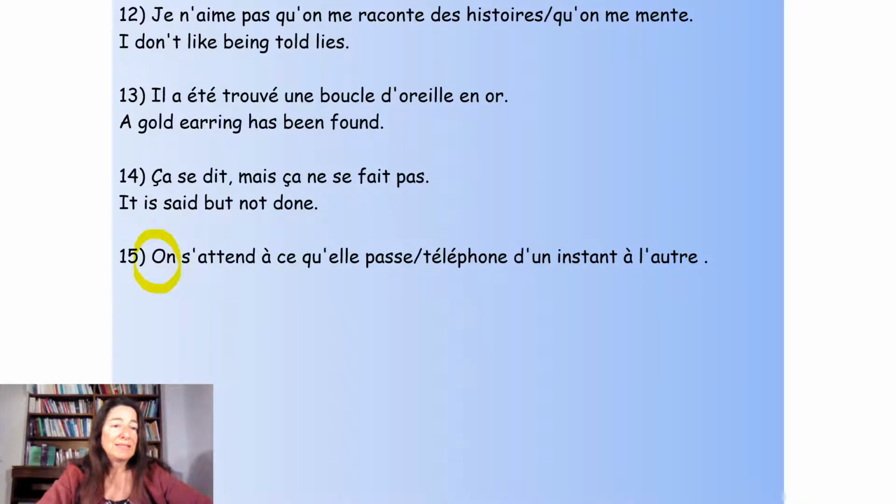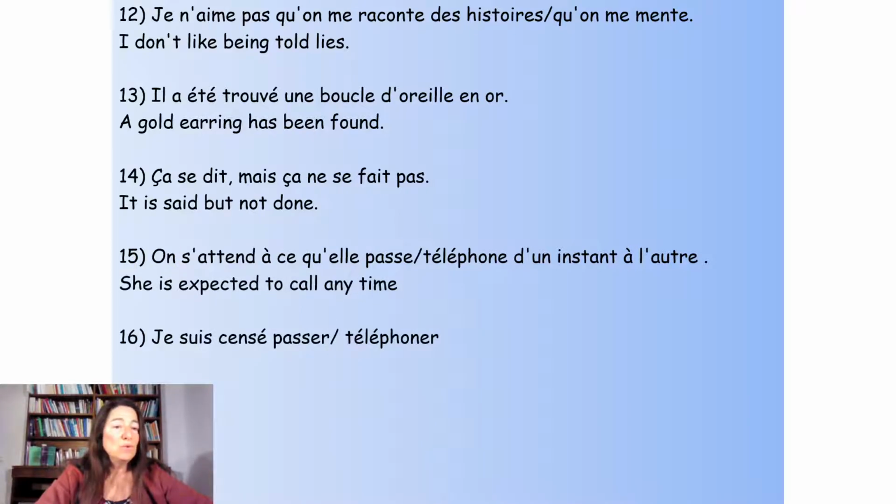So again, since we're going to translate "on" with the passive voice, what's going to be the subject of this passive voice sentence? Well, that's going to be the object of the active voice here. So let's start the sentence with she and then the verb expect. So that will be she is expected to call, which can mean either to come or to phone anytime.